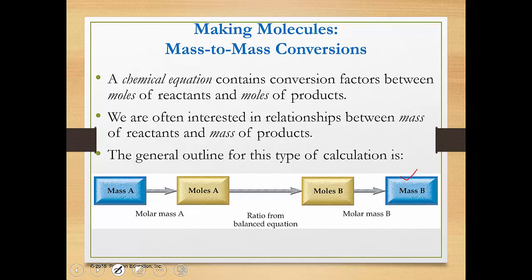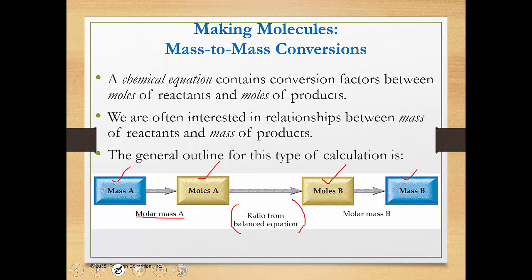We want to know the mass of product B. So I need to know how much reactant A. If I start with a mass of reactant A, I've got 5 grams of A. Then if I know the molar mass of that, I know what A is, it's some element or compound, I calculate molar mass, that allows me to convert to the number of moles of A. That's the only way then I can switch from one species to the other. I'm going to change from moles of A to moles of B by using the ratio from the balanced equation.